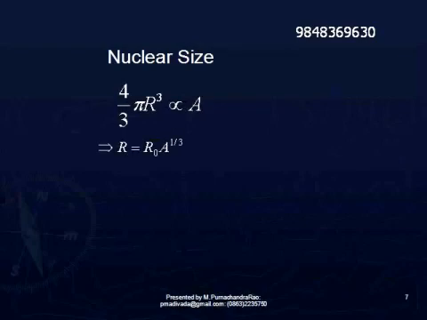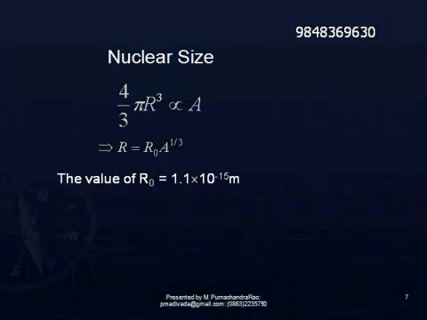Replacing this proportionality with a constant, we can write R is equal to R0 into A to the power of 1 by 3, where the value of R0 is approximately 1.1 into 10 to the power of minus 15 meters. Remember that it is an approximate value. So this is the relation that is used to measure the size of the nucleus: R is equal to R0 into A to the power of 1 by 3.